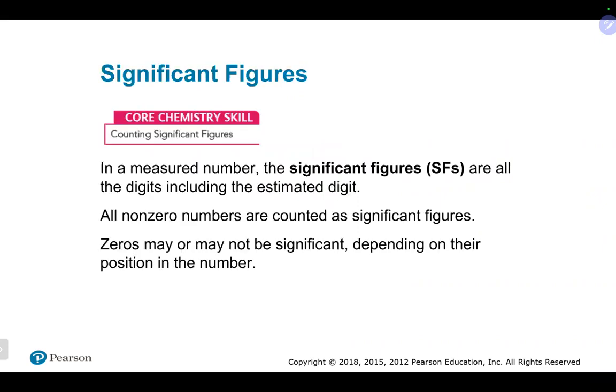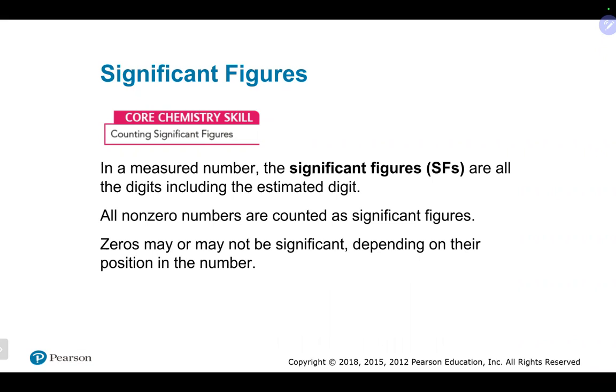So let's talk about significant figures and really counting significant figures. As we just mentioned, pretty much any type of measured number, all the values that you see there should be significant. And that's because if you take a measurement correctly, you should always record all the certain numbers plus that very first uncertain number. And those would be your significant figures.